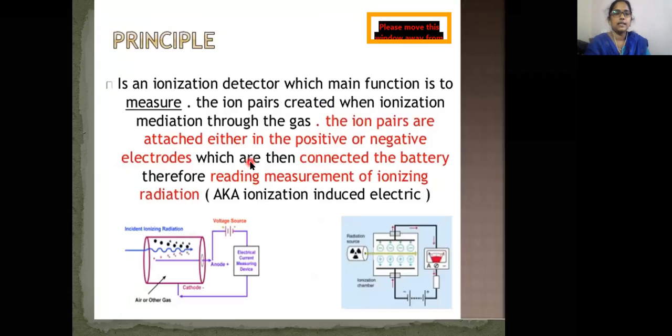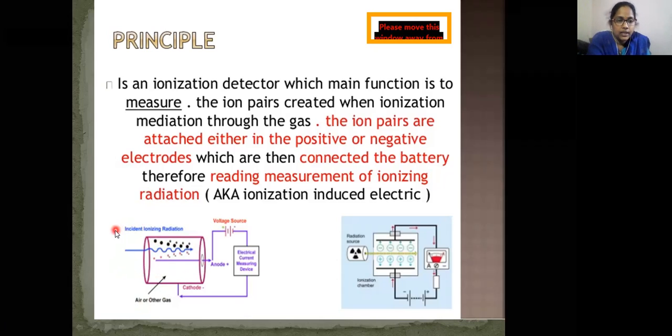So this is the gas ionization chamber. Okay, it is an ionization detector whose main function is to measure the ion pairs created when ionizing radiation passes through the gas. Okay, so here you can see this is the gas chamber.